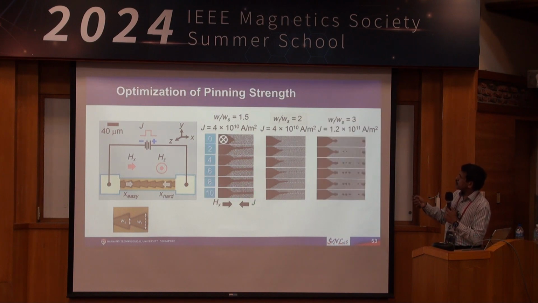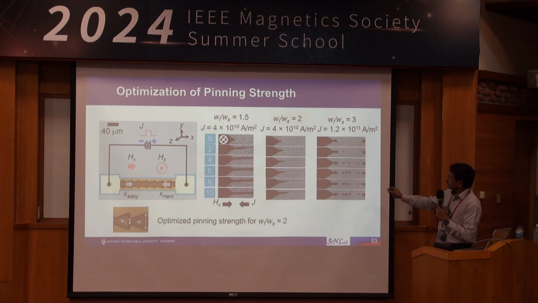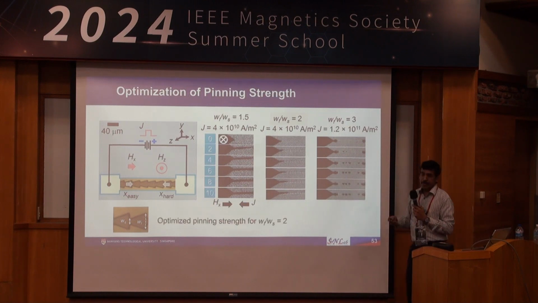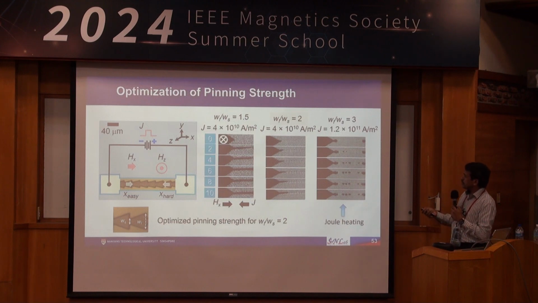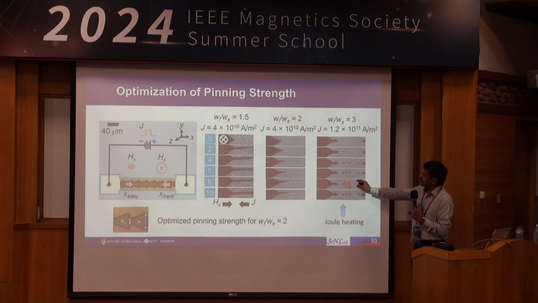But when the ratio of W_L to W_S gets larger and larger, it becomes difficult to move the domain wall. And when this ratio is much larger, there is Joule heating, because this region gets narrower and narrower. The current density there becomes larger, and there is Joule heating and nucleation of the domains.